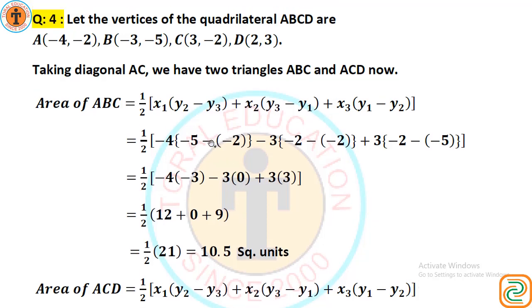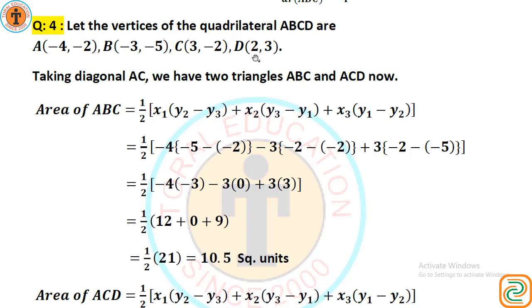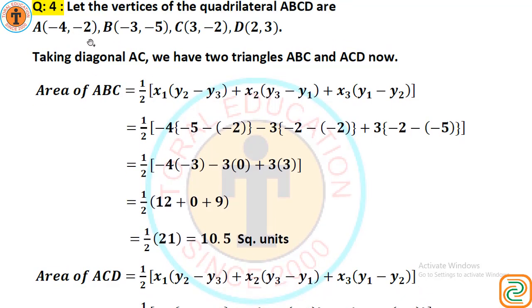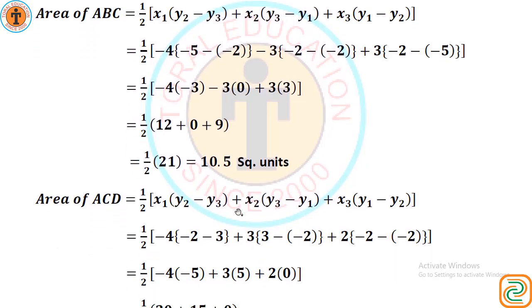Similarly, we will take area of ACD. We have taken ABC, now ACD, so we take the 3 points A, C and D. Here x1 is minus 4, minus 2 minus 3; x2 equals 3, 3 minus minus 2; and x3 is 2, minus 2 minus minus 2.